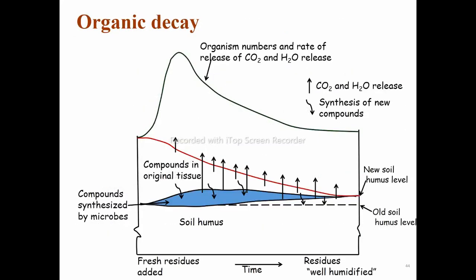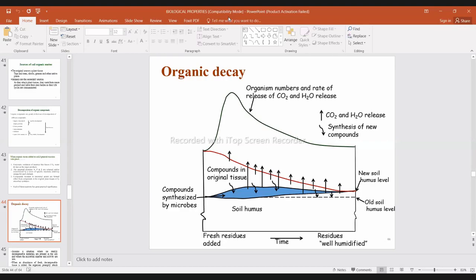Now we'll move to the question. 2020 AG 077. Yes, ma'am. Tell me, what are the three general reactions that take place when you add organic materials to the soil?